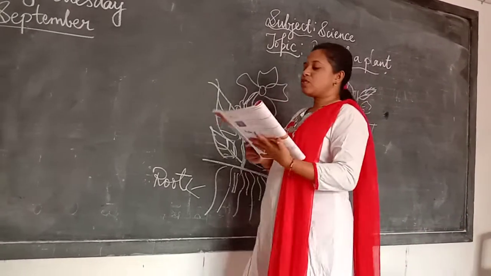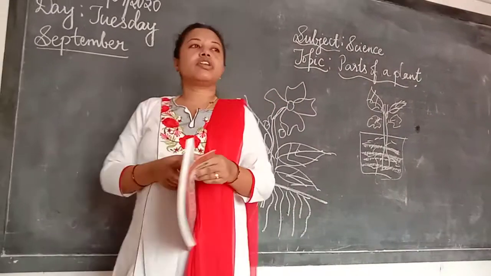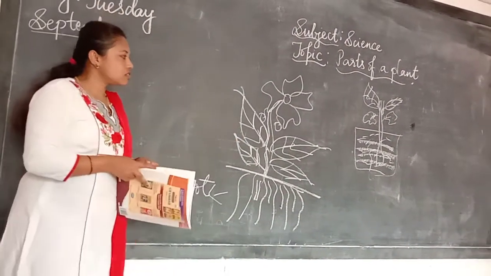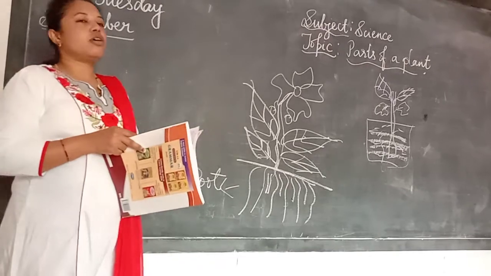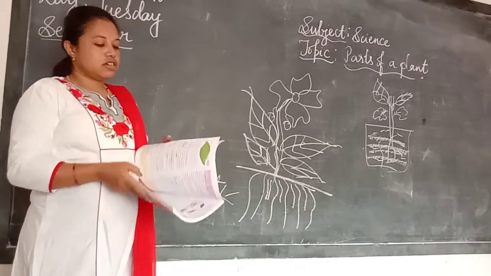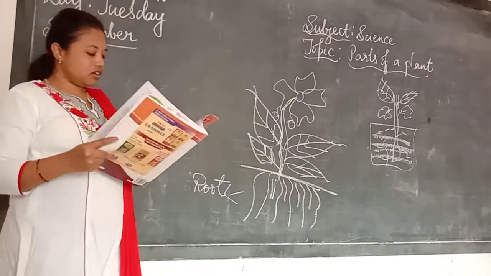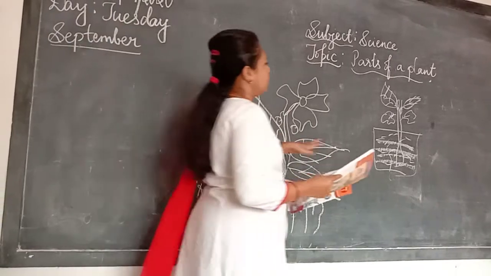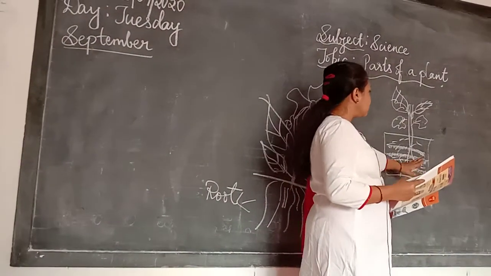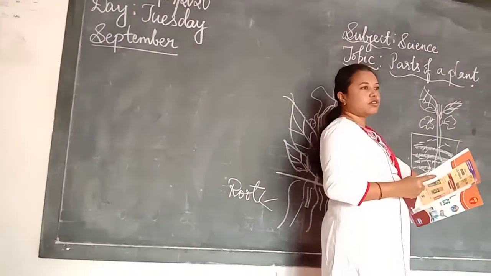So from this we conclude that roots absorb water and it takes the color of the particular color inside the water.